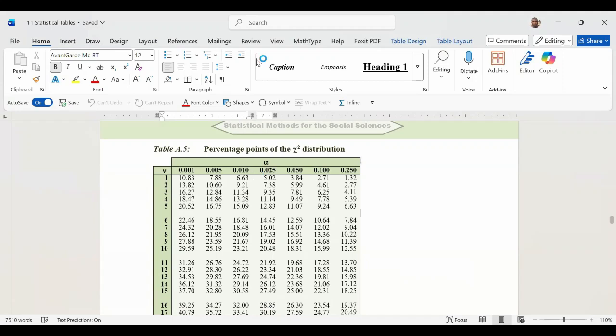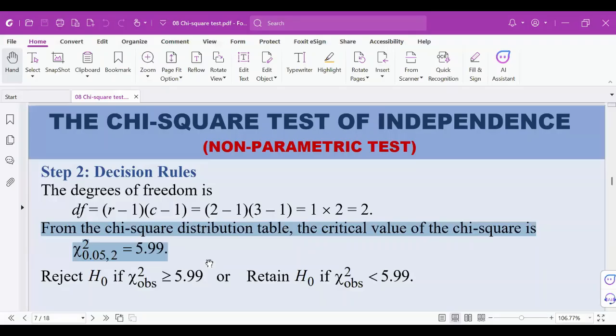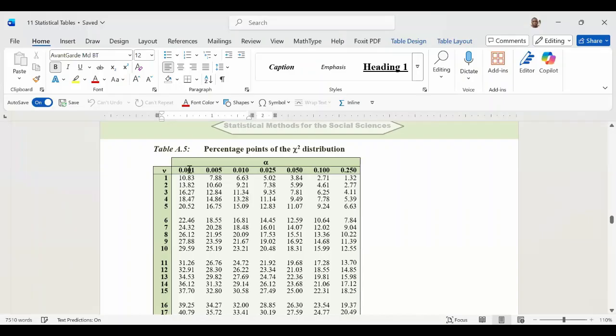So what are we reading? 0.05, yes, 0.05 with 2 degrees of freedom. So go to the table, locate 0.05 at the top here.